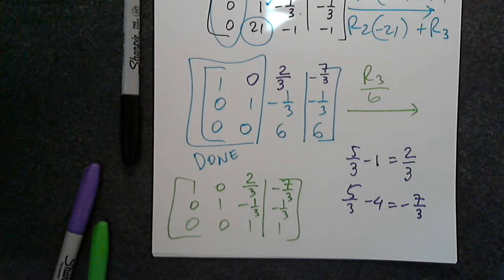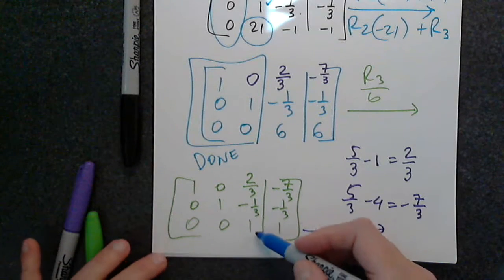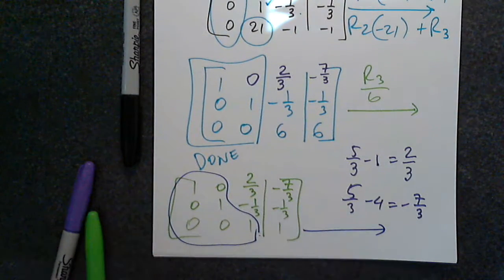Ready? So now please tell me which row we multiply and by what. Of course, this is all carved in stone. This is all done. We're only trying to create the zeros above the 1, the last one. So which row do we multiply by?